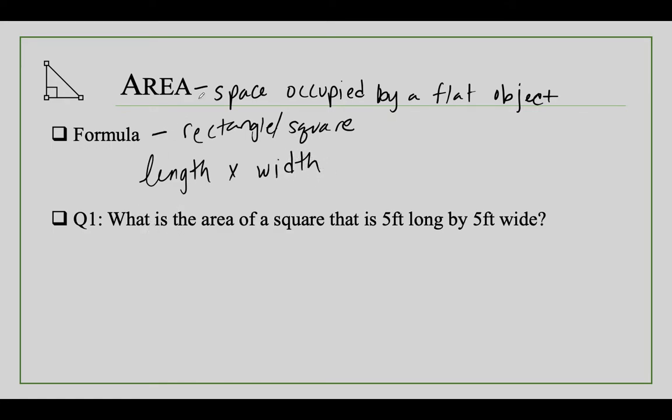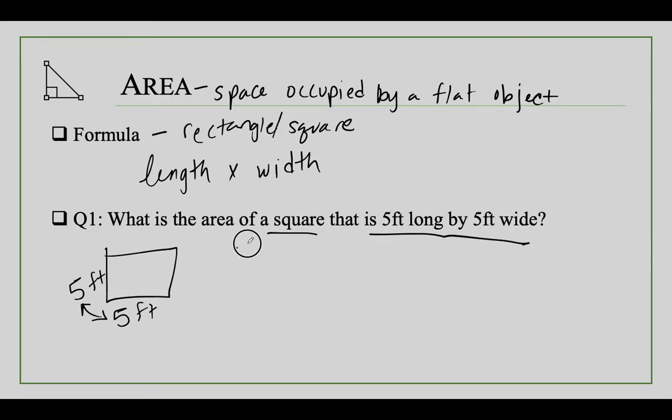So the first question I would like to ask you all is, what is the area of a square that is 5 feet long by 5 feet wide? Okay, so I love to draw pictures, so I've got 5 feet long and 5 feet wide. Of course, because these numbers match, I definitely know I have a square, so the problem didn't even have to tell me. I really encourage you to not do this in your head, and here's why.